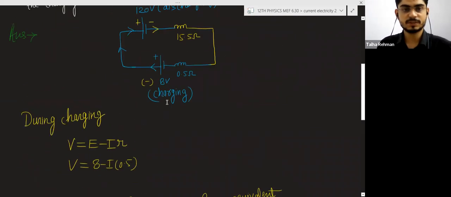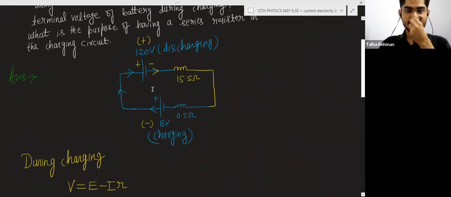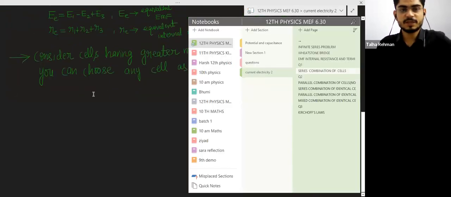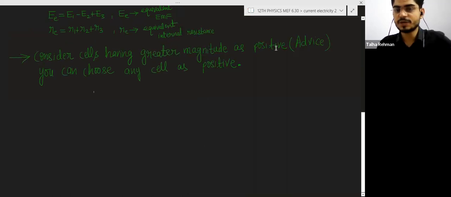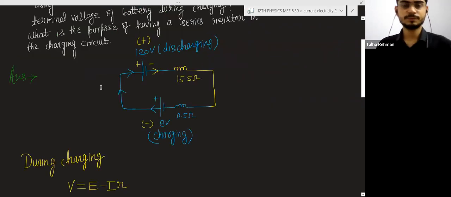Just note this, all of you. I have taken here 120 volt as positive. See this statement: consider cells having a greater magnitude as positive. So I have done this. Just note it down, all of you.